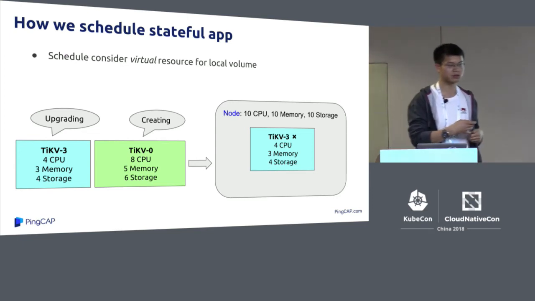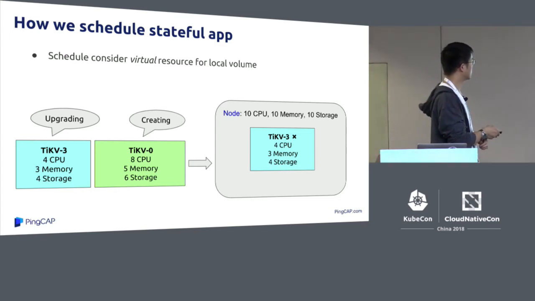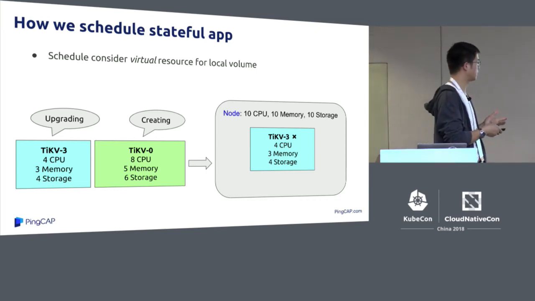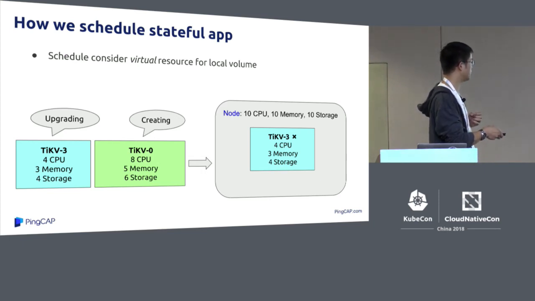How do we resolve this? We have advanced scheduling that considers virtual resources. For the local PV, we can find the PV's bound PVC, and then the bound pod, and we know that the bound pod has 4 CPU and 3 memory.